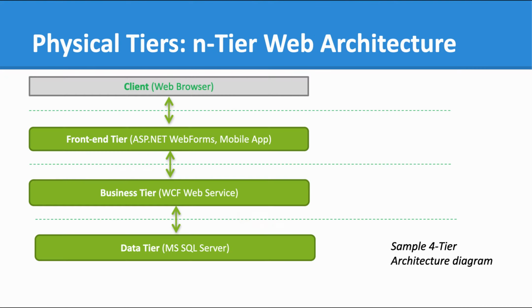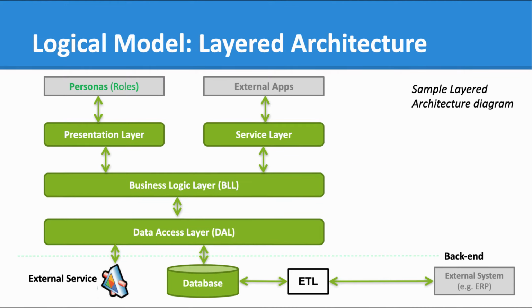We talked about layers. Here's an example of four-tier architecture. Let's talk a little bit about some more complicated scenarios. So this is perhaps another scenario where we might have a user interacting with a client presentation layer, which then talks to a business tier.